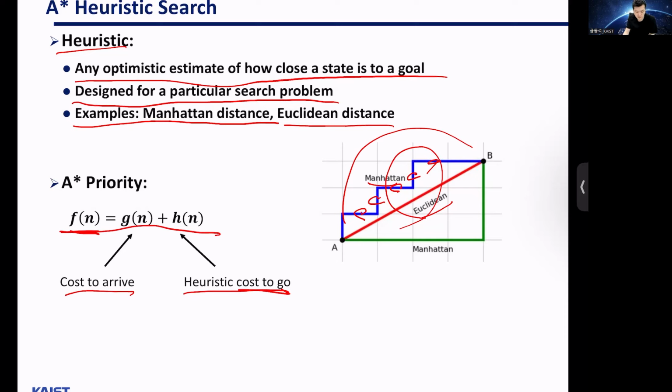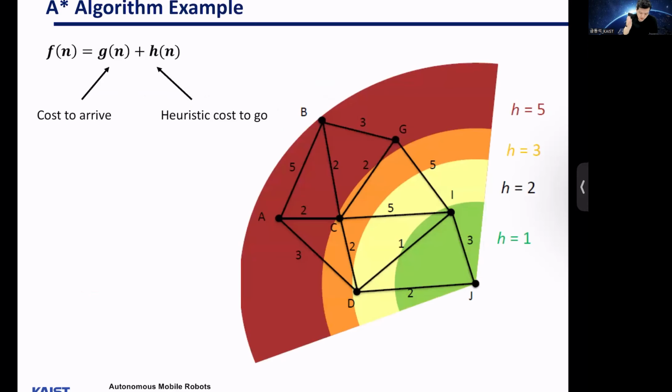We want to minimize F, but the problem is that we know G based on our computations, or cost to get to a certain point, but H is unknown, and we have to approximate that. And here is an example, A-star algorithm.